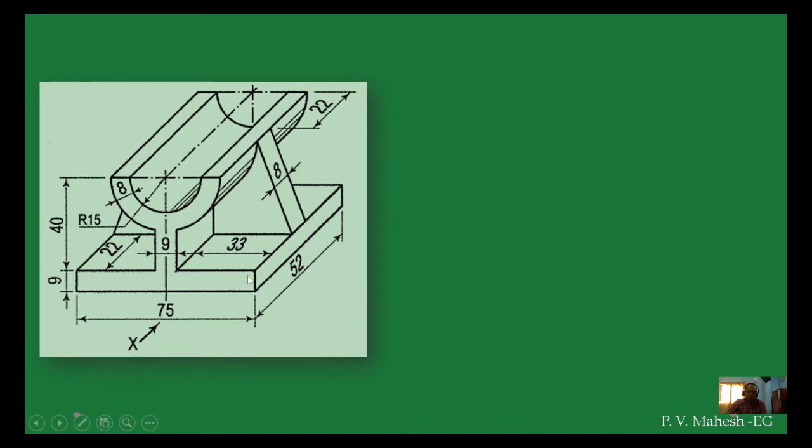This is made 60 degrees and this is kept as the usual 90-degree line. In this particular question the horizontal lines are the lengthwise lines and these lines are the widthwise lines and these are the heightwise lines.